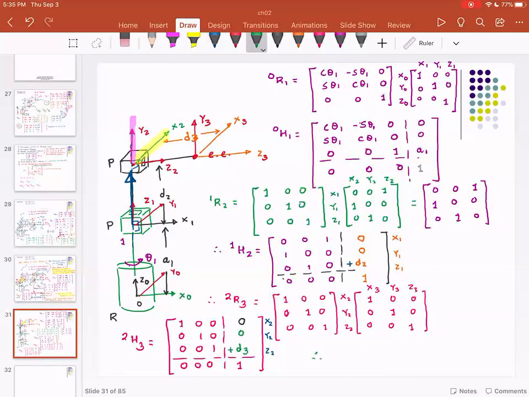So now if I want to find out 0h3, which is nothing but the forward kinematics problem, this would just be 0h1, 1h2, and 2h3.